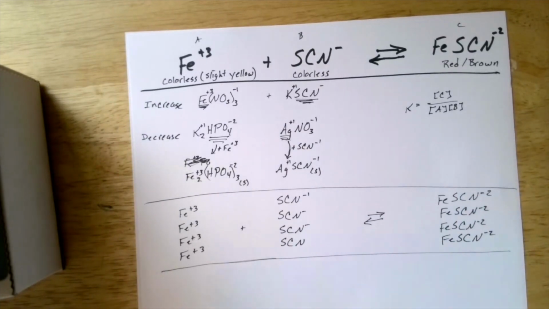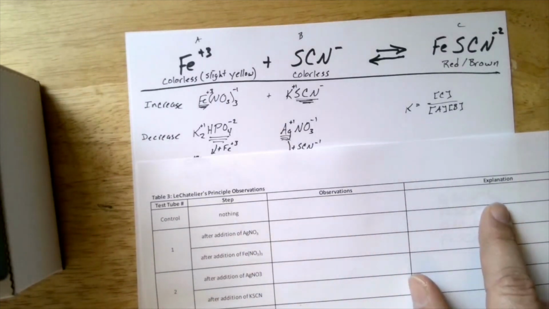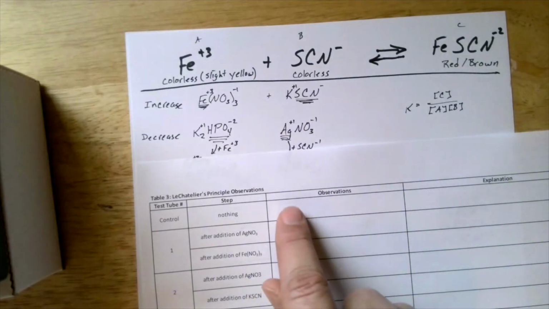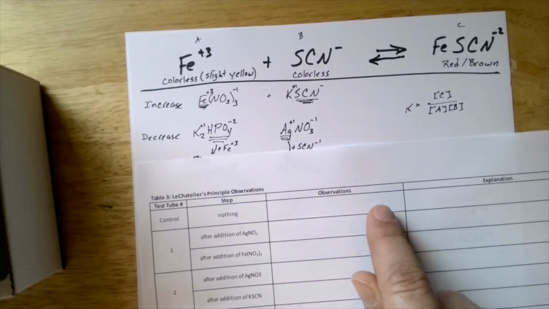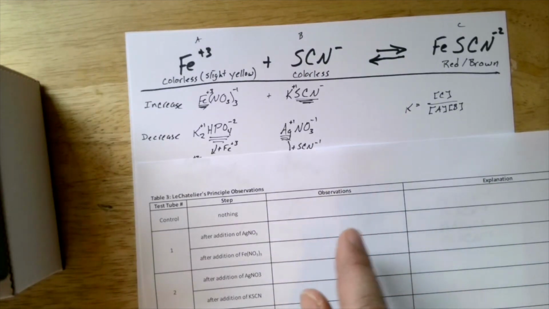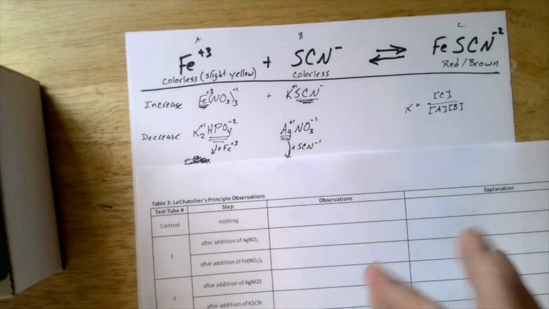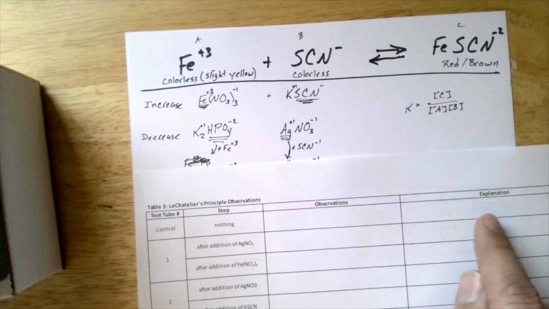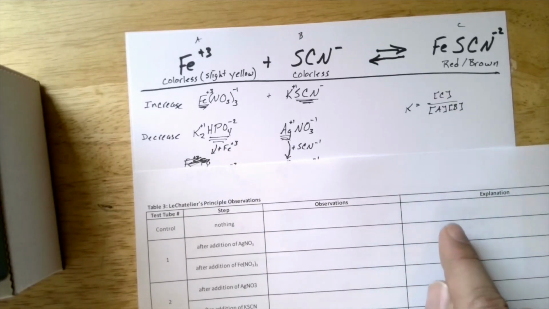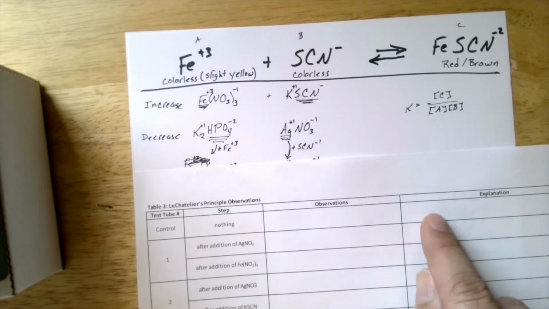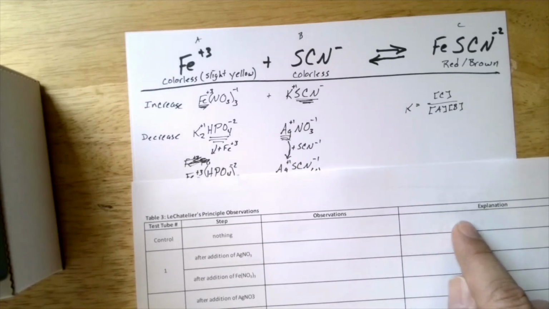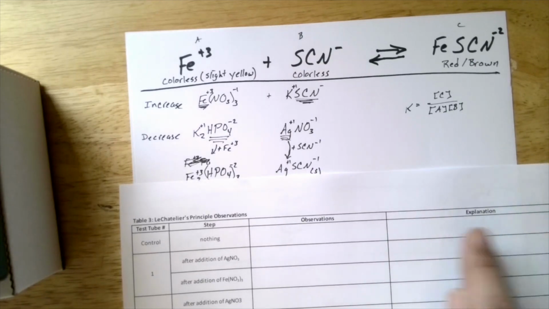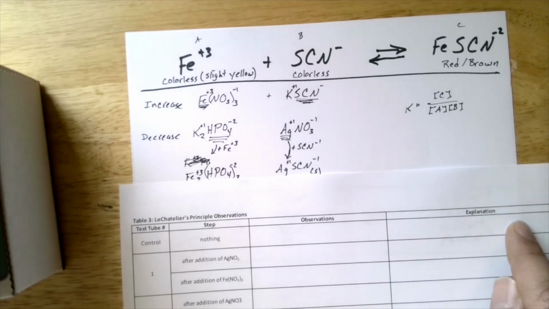So in the very first part of it with the control, with your observation here, one thing you put down here is what were the initial colors, and then what was the end result. So you had the iron, which is kind of a yellowish orange color, the thiocyanate, which is clear, but you mix the two together, it turns almost like a blood red color, or a rusty brown color. Okay, so over here you can say that the iron and the thiocyanate are joining together to make the iron 3 thiocyanate. So the reaction will shift towards the product.